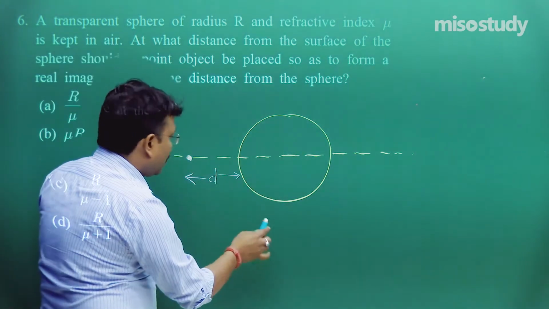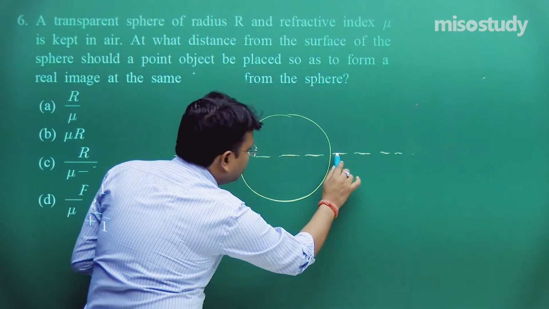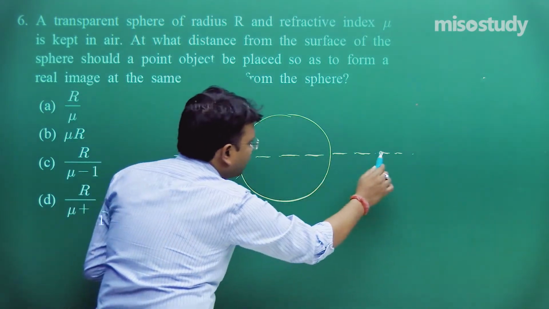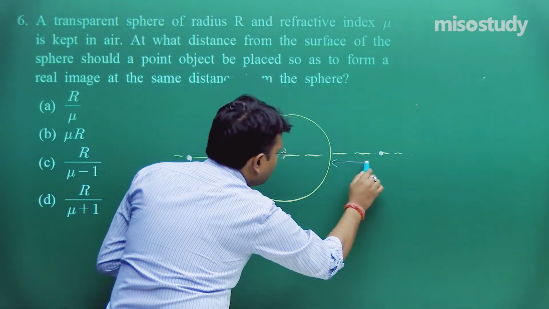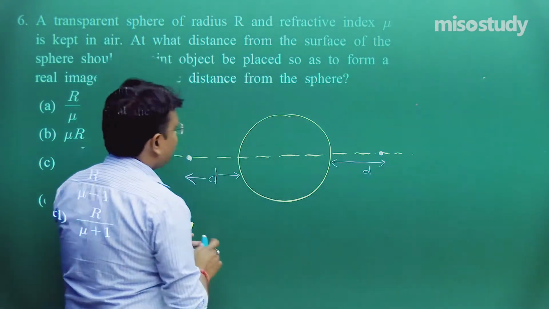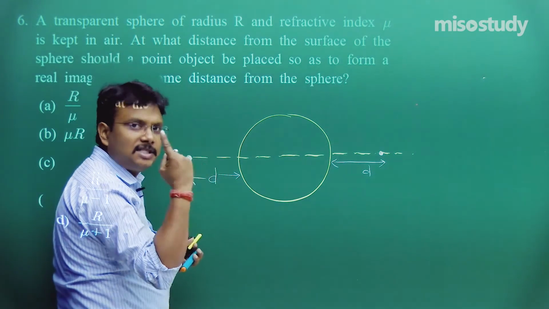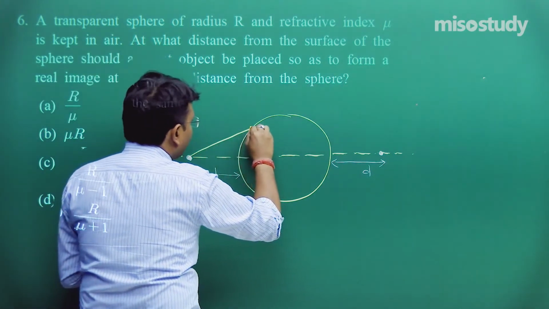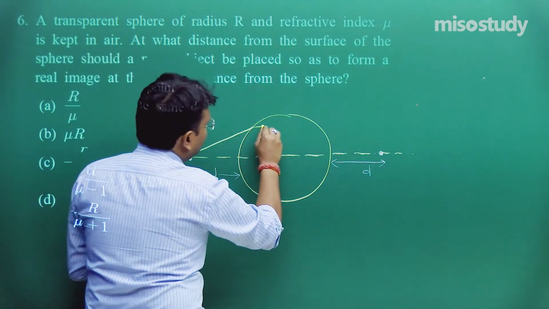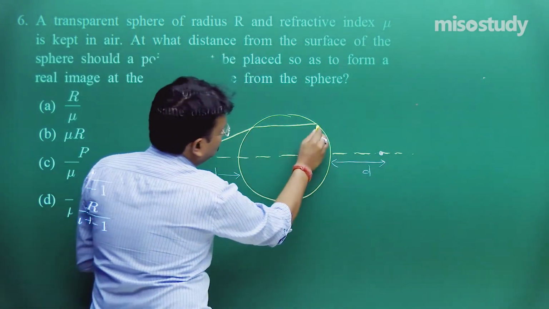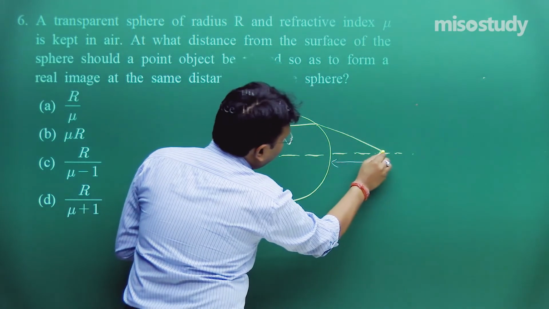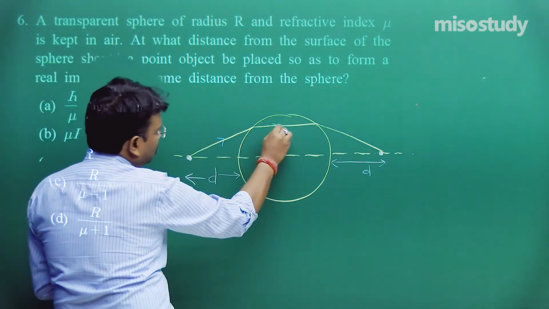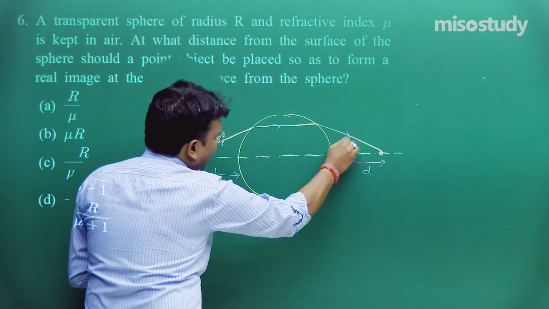As per the question, the image must be at distance d, it is given. So it is d. Now what will happen? With the help of one ray, 1, 2 and then 3. Let us use a blue color chalk to show the arrows.